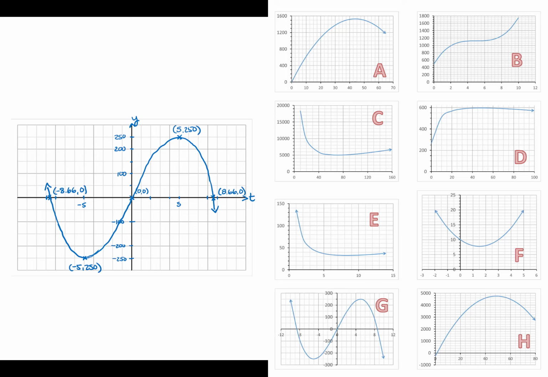So looking at that page, we can see that we've got that S shape going on over here where it crosses through the (0, 0) mark, where our horizontal and vertical axis meet. So of all of our graphs, this would be the graph that represents the function -t cubed plus 75t.